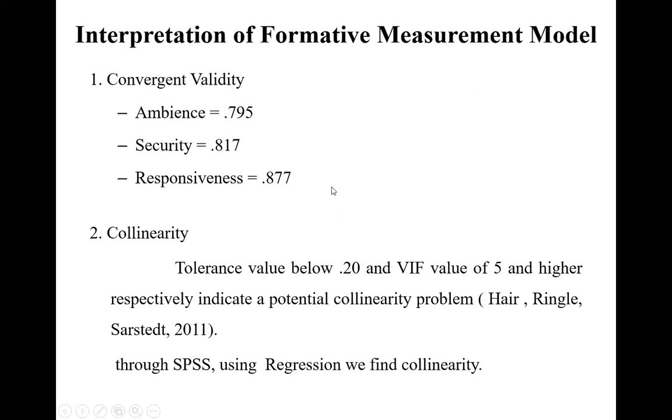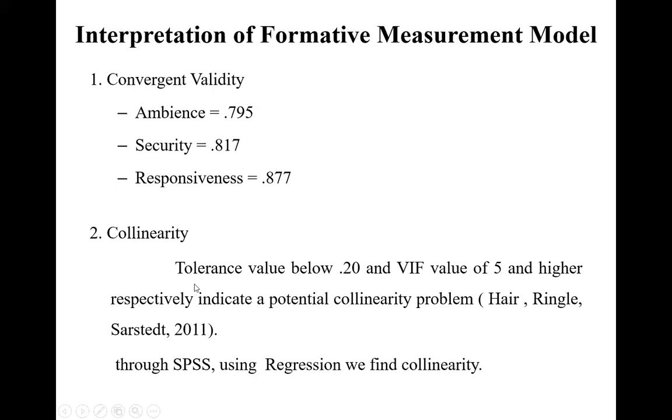तो इसमें हमारे जो मॉडल है, now we obtain the convergent validity of the three formative models: 0.795, 0.817, 0.87. So the cutoff value is 0.8. So ambience is near to the cutoff value, so there is no issue of convergent validity.